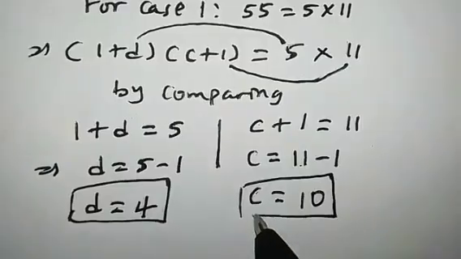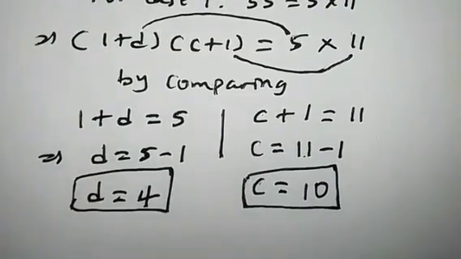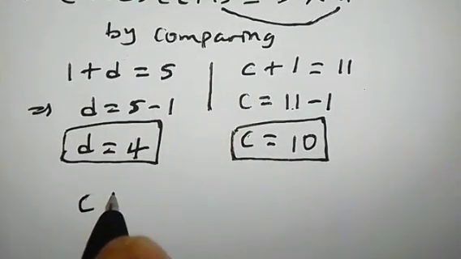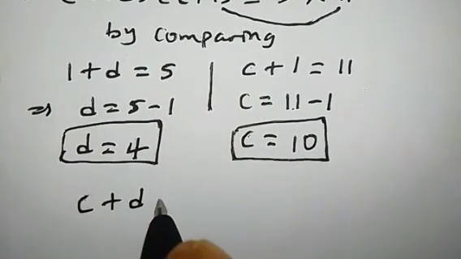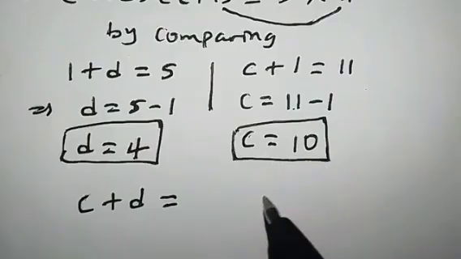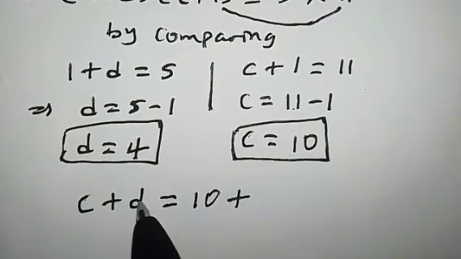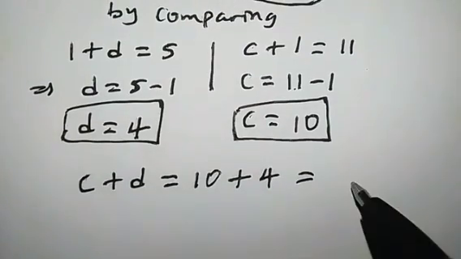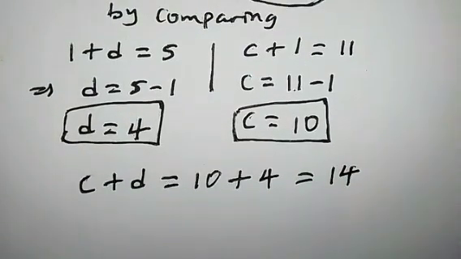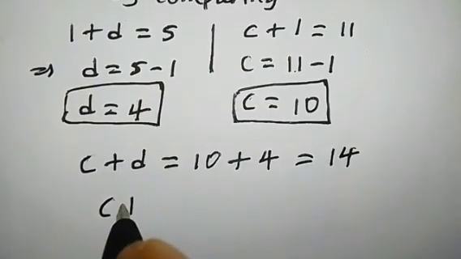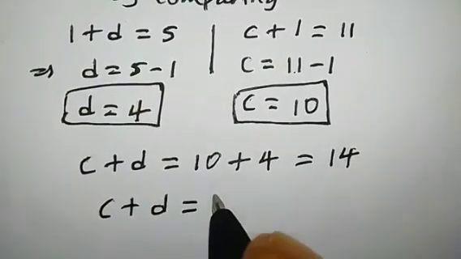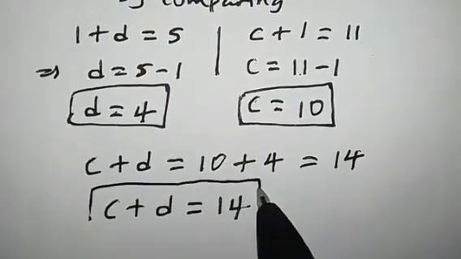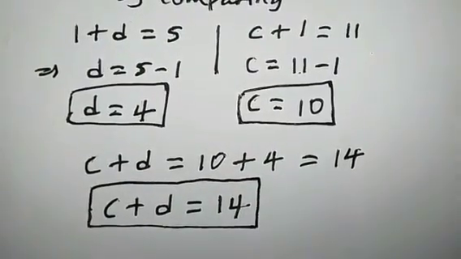This is the value of C. But don't forget, we have to find C plus D. So C plus D is now equal to C is 10 plus D is 4. Adding these two, 10 plus 4, we have 14. So C plus D is equal to 14. This is for case 1.